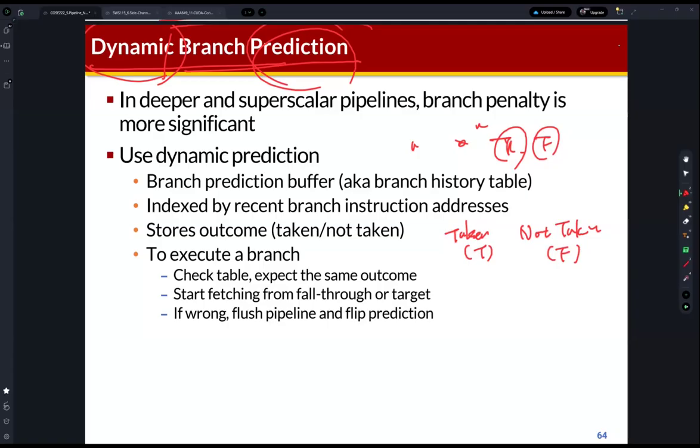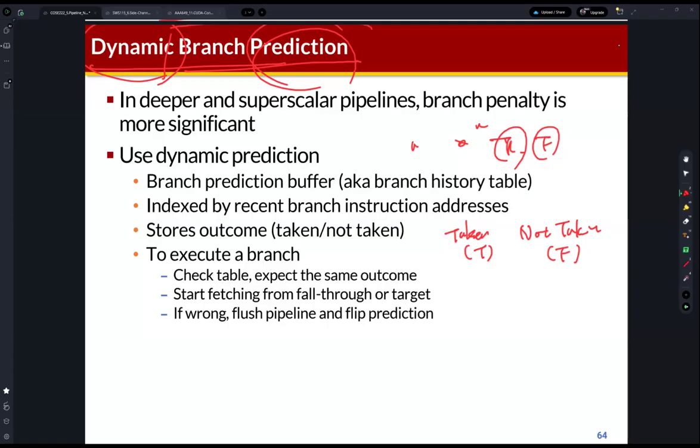The benefit of a prediction is that before the actual result comes out, we can get the predicted result and execute the instructions using the predicted result. So we can execute the instructions earlier. This is the benefit of a prediction.